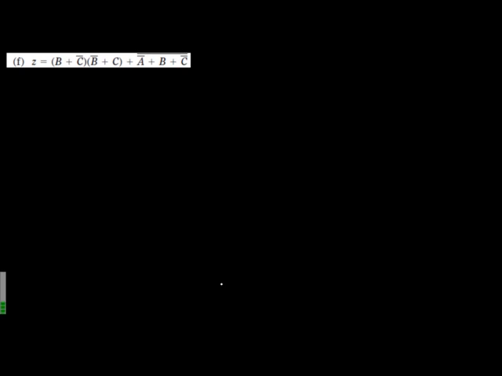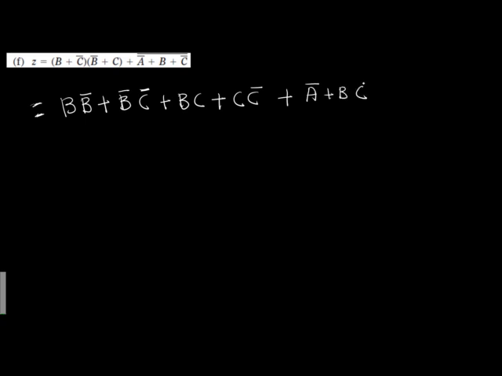Question F is again a very lengthy question, but don't be afraid. I have the De Morgan. So I have A bar or with B, C bar, or with C bar.